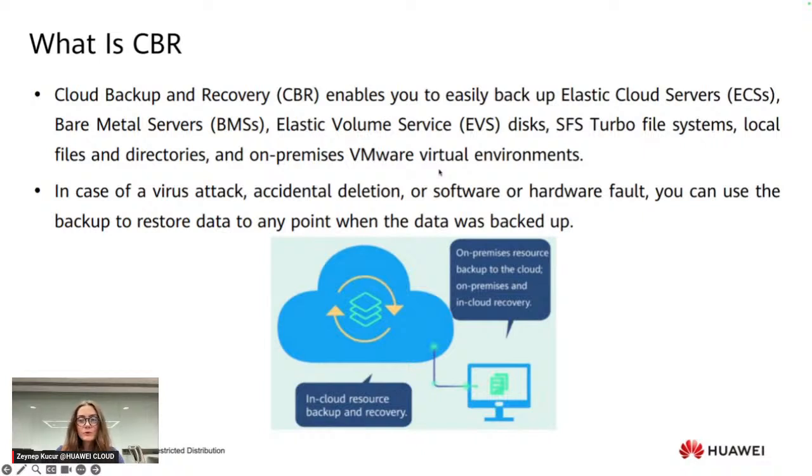It's also good for local files and on-premises VMware environments. And if something goes wrong, like a virus attack or accidental deletion, you can use these backups to restore your data to any point in time when it was backed up. So it's about keeping your data safe and being able to recover when needed.